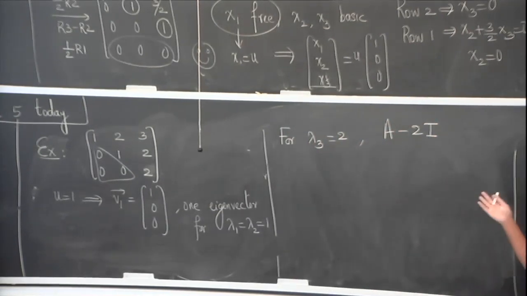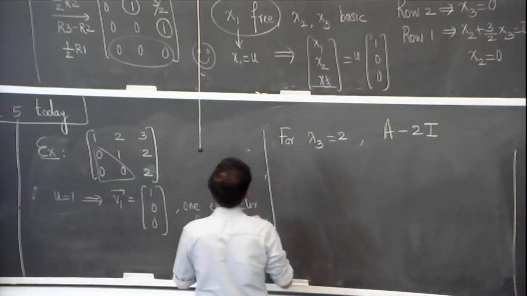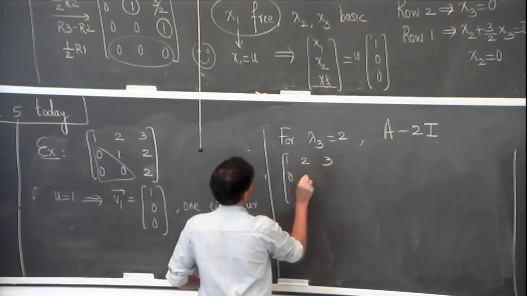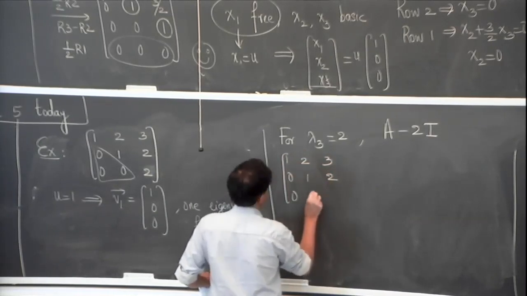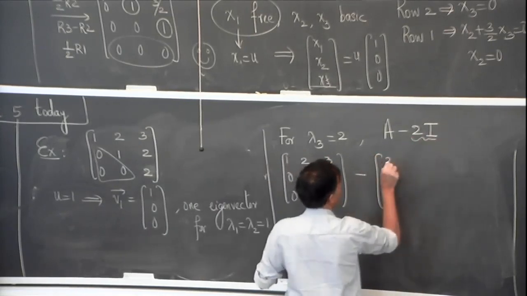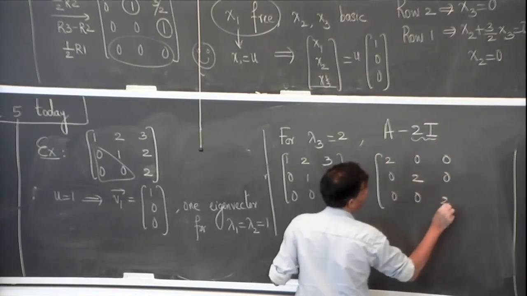This is an ordinary eigenvalue. We don't expect any drama here. It's only with the repeated eigenvalues that sometimes things get a little bit crazy. 1, 2, 3, 0, 1, 2, 0, 0, 2, minus 2I is going to be 2, 0, 0, 0, 2, 0, 0, 0, 2.